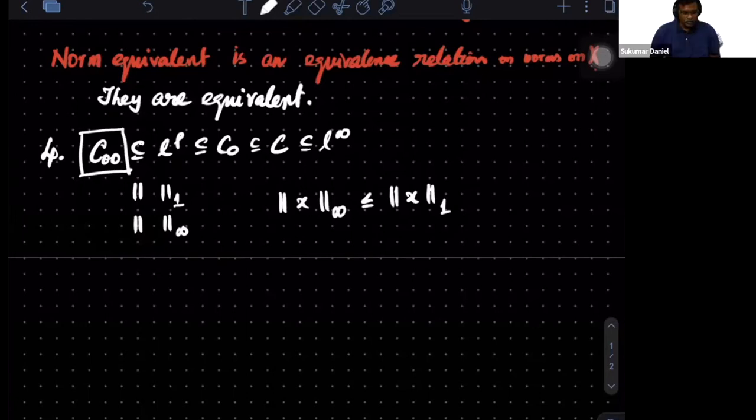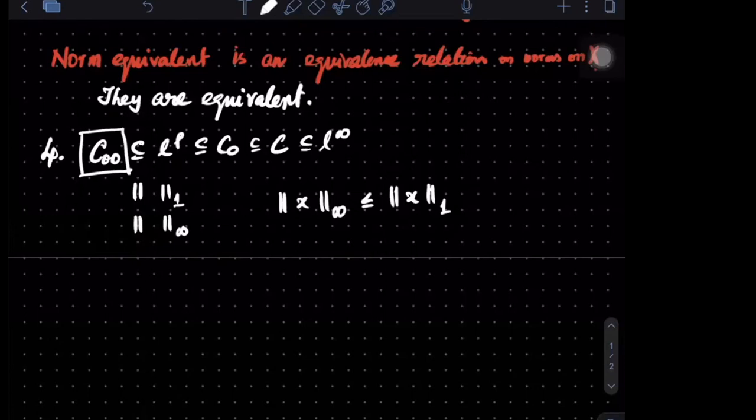So how many of you think the other one we can create? So we can find out C2 such that norm of x1 is less than or equal to C2 times norm x infinity. How many of you think we can find out C2?